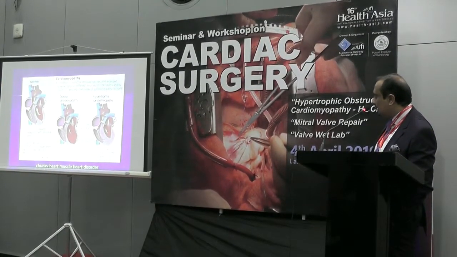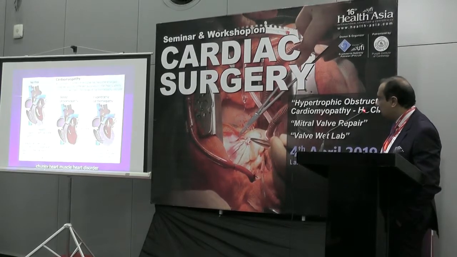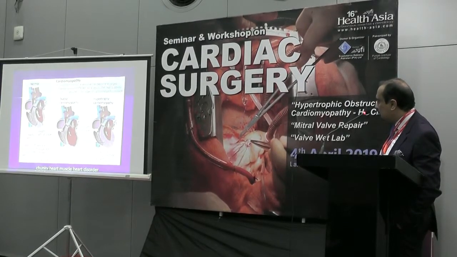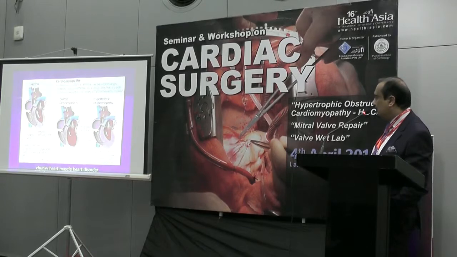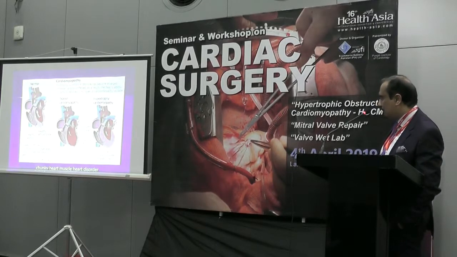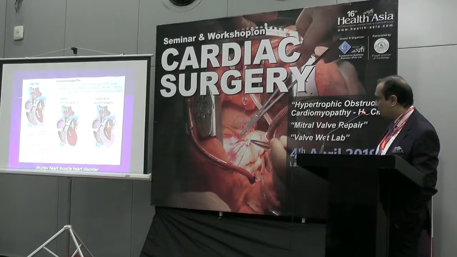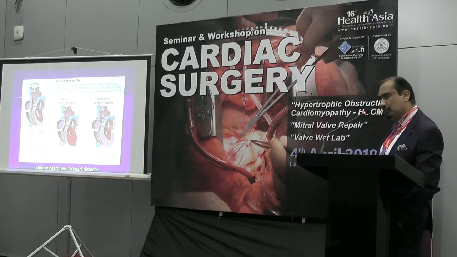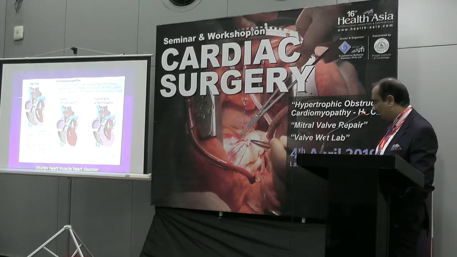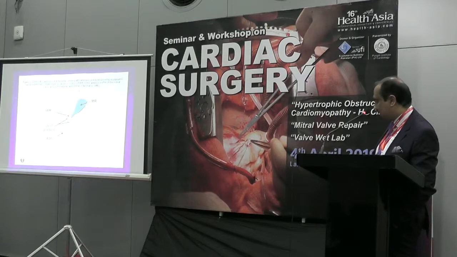On the contrary, hypertrophic cardiomyopathy includes hypertrophy of the ventricular muscles. The whole muscle becomes very thick, especially at the lateral wall and the septum as well, resulting in less blood flow because the cavity becomes small as a result of hypertrophy of the ventricular muscles.